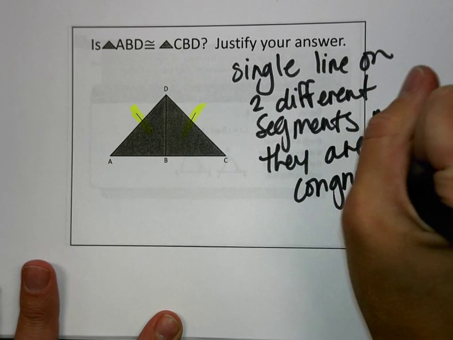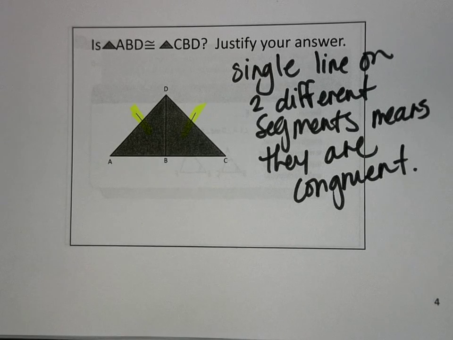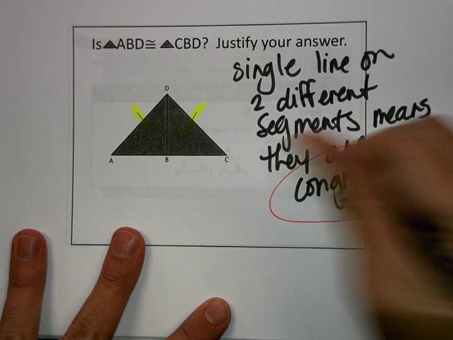If you don't know that, write it so that when you look back at this, that will remind you, oh yeah, if they each have a single line, that means they're congruent. If you don't remember what congruent means, what does congruent mean? Same shape, same size.